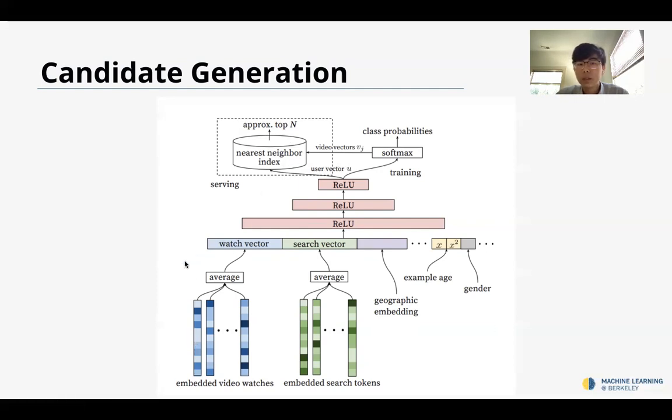Because imagine, I don't think a linear function is able to really extract the useful information from features this complex, right?